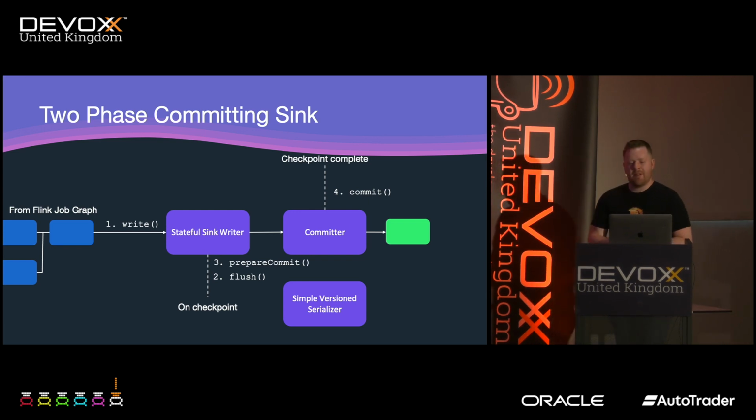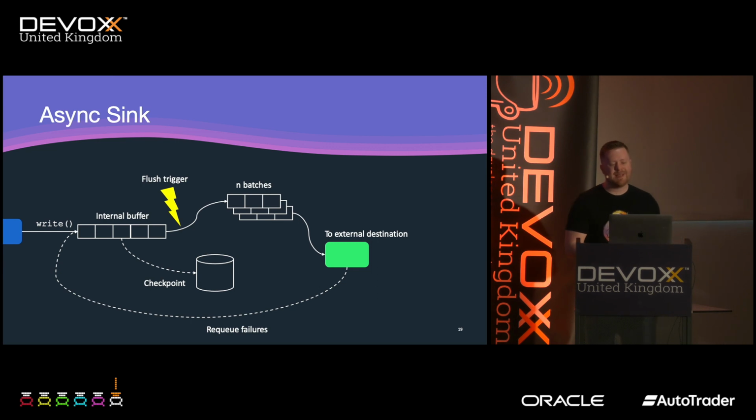The transaction close needs to be idempotent for reasons I won't go into now. But the point is that Flink allows you to achieve exactly once delivery guarantees if you conform to the two-phase commit protocol. And then finally, async sink.